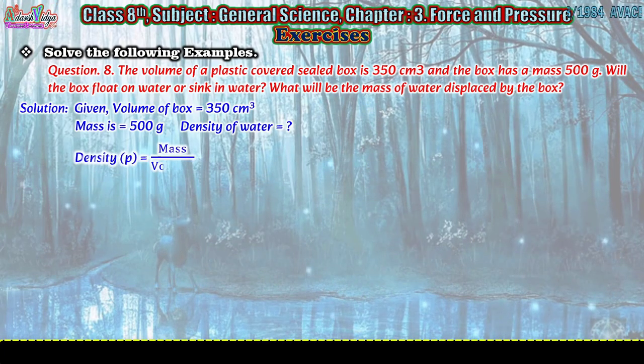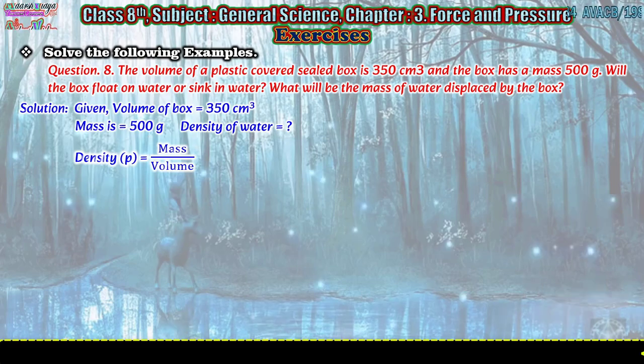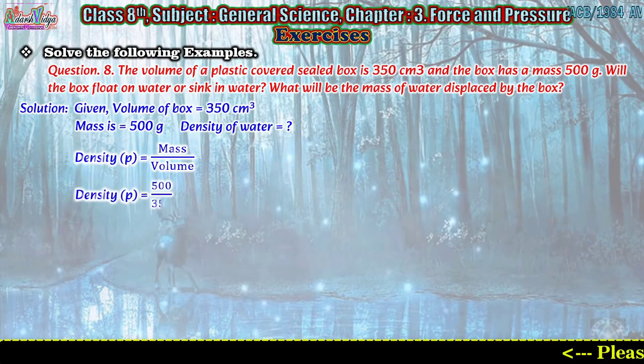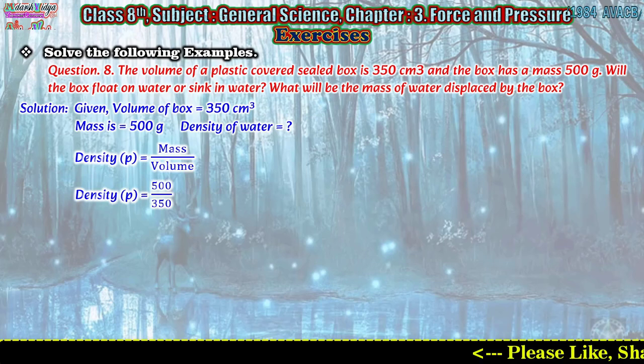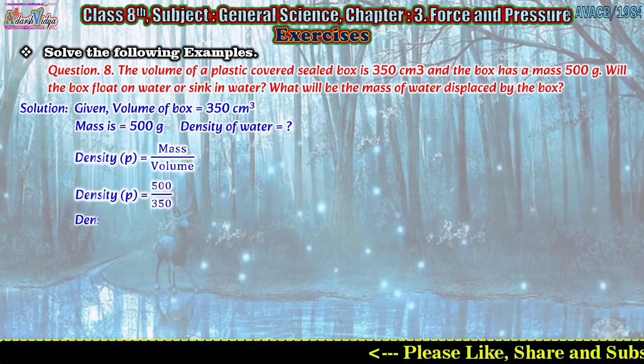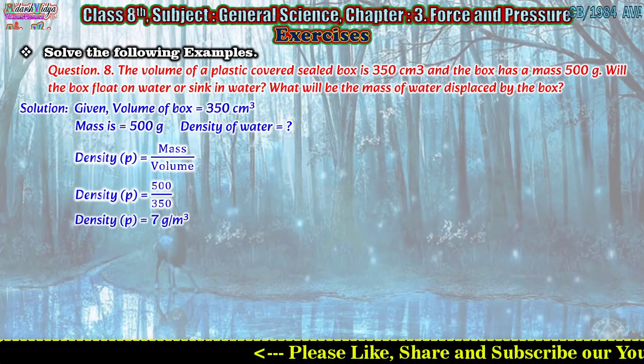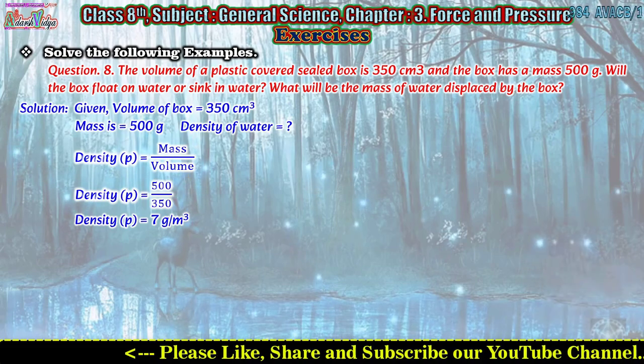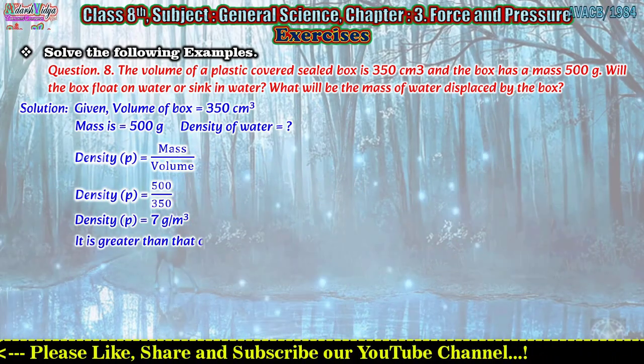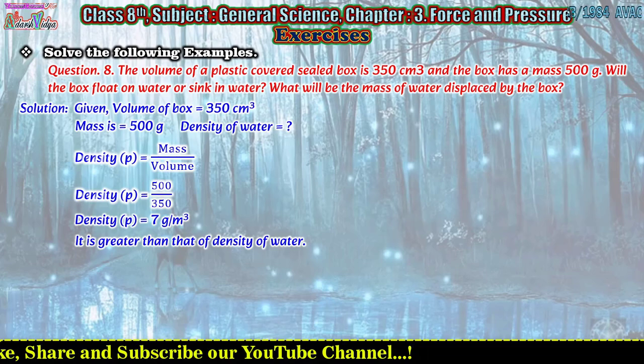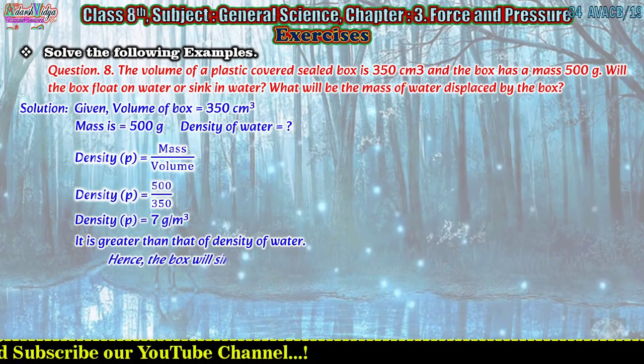Density, P equals mass upon volume. Density, P equals 500 upon 350 is equal to 10 upon 7 gram per centimeter cube. It is greater than that of water. Hence, the box will sink in water.